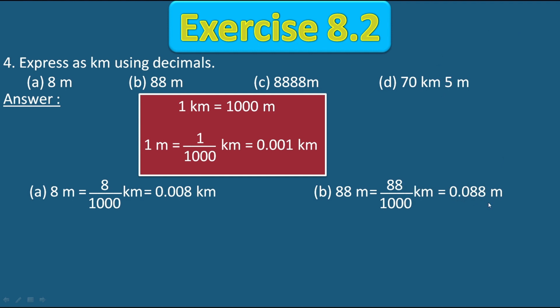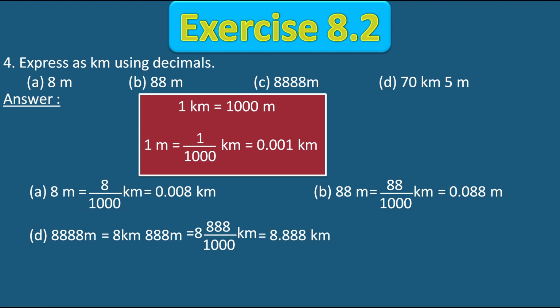Next we have 8888 meter. Now as you all know, 1000 meter is equal to 1 kilometer, and here already 8000 is there, so it is 8 kilometer and 888 meter. So here the whole number is 8, and 888 upon 1000 kilometer, which is equal to 8.888 kilometer.